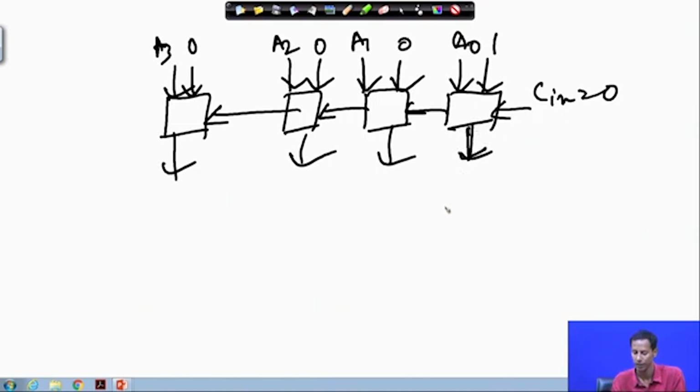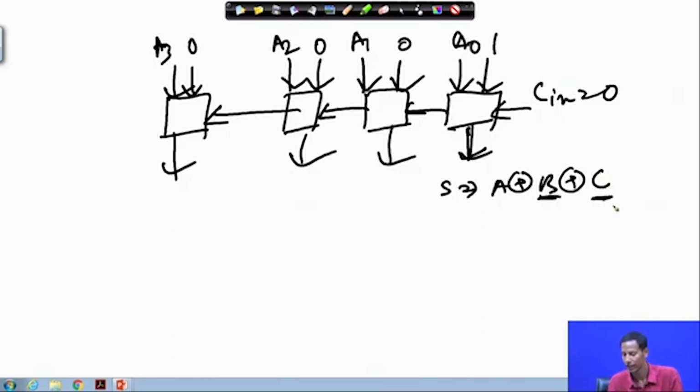For sum, the expression is A XOR B XOR C. So, here B is 1 and C is 0. So, if I make 1 XOR with A, it will be just A0 bar for this S0. Okay.